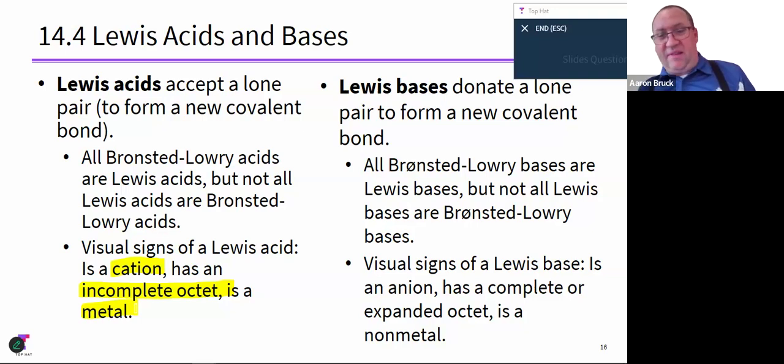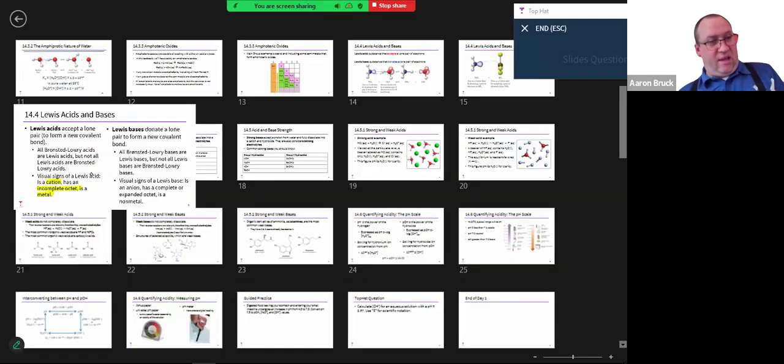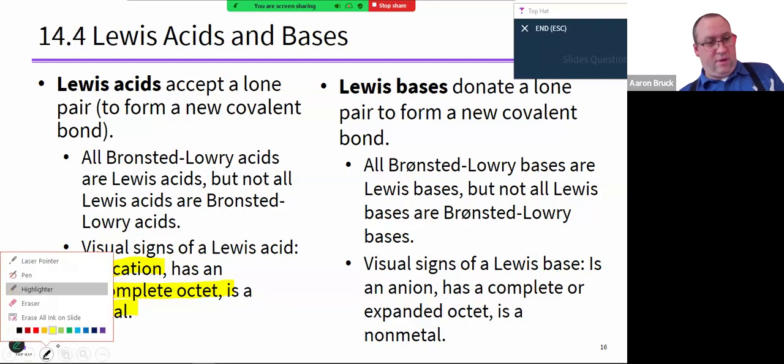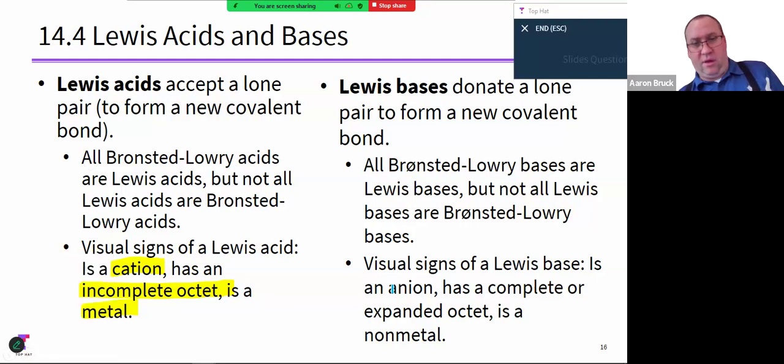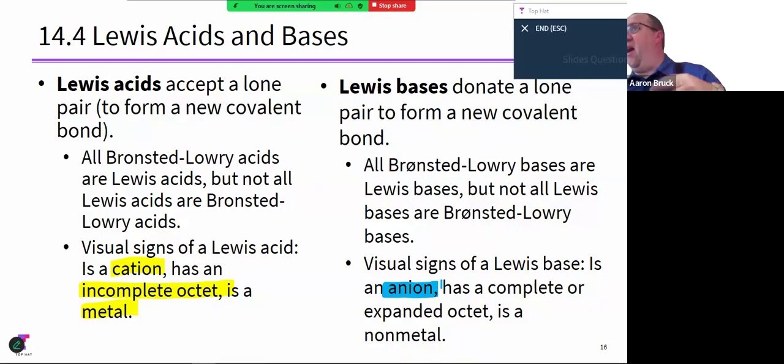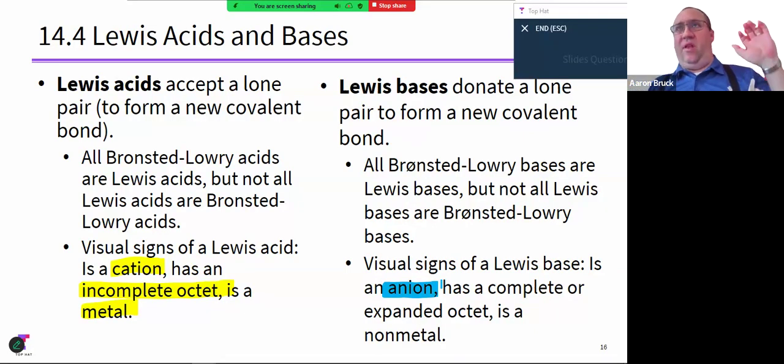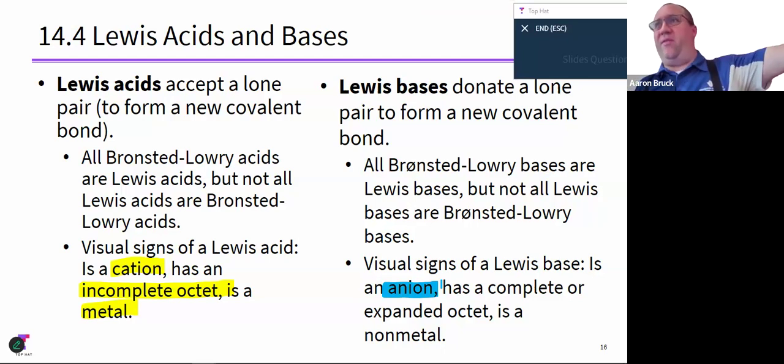On the other hand, Lewis bases, we tend to see anions. Why does that matter? Well, anions usually have extra lone pairs of electrons, and so they're capable of throwing out that extra pair of electrons to make a new bond.